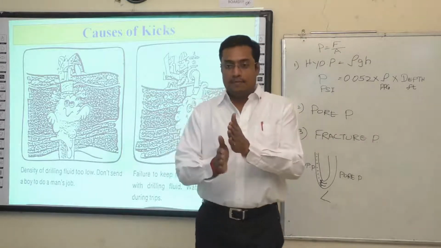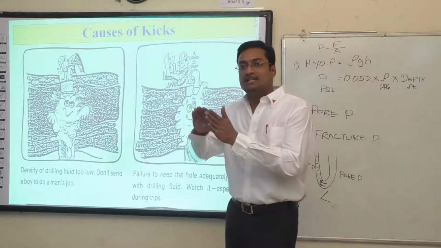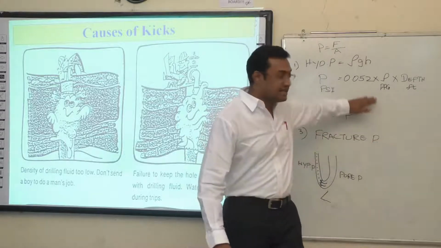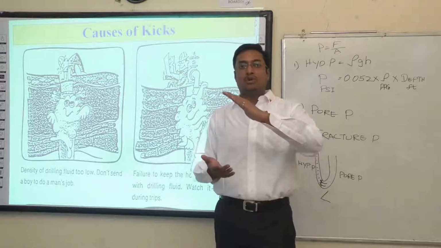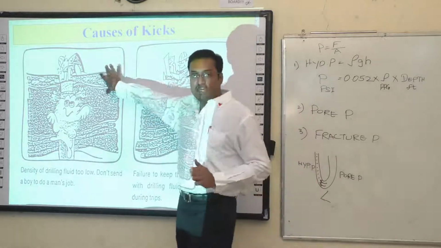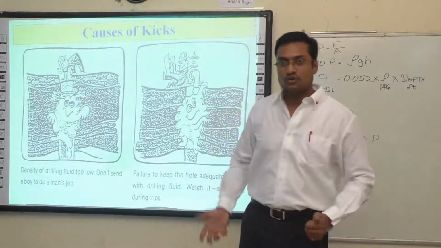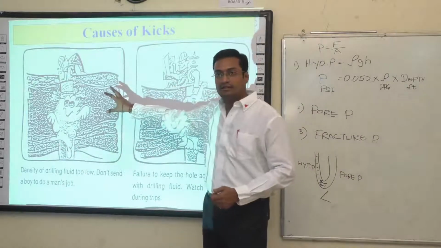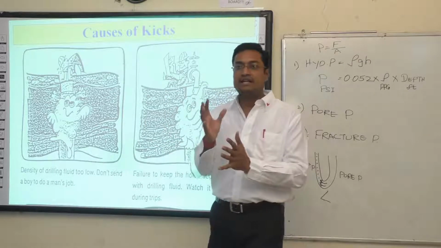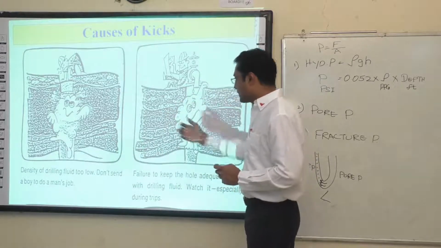So as you go deeper and deeper, you have to keep increasing your drilling fluid density so that the hydrostatic pressure is always more than the pore pressure. In other words, you are giving a small boy a very big job, which he cannot do. So you have to send the correct man, or use the correct mud weight, mud density, to control the pore pressures. Next.